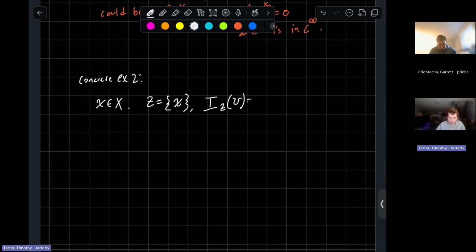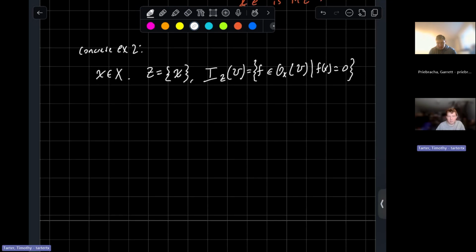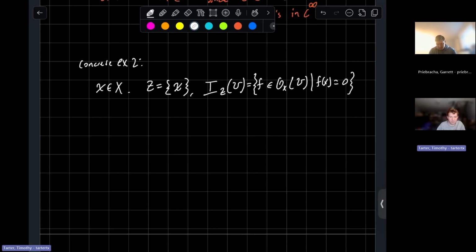IZ of U is equal to f in OX over U such that f of x is equal to 0. And then this is the maximal ideal of the stalk at x, because these are the functions that vanish at just x.